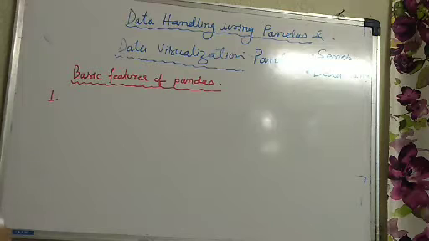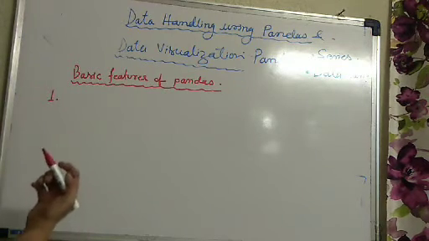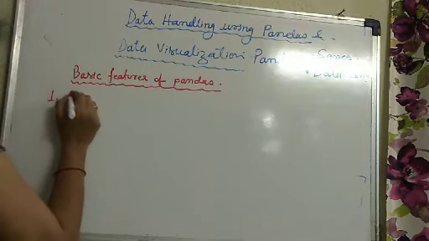So, what are the basic features of pandas? What features are provided by pandas? The data frame object helps a lot in keeping track of data.